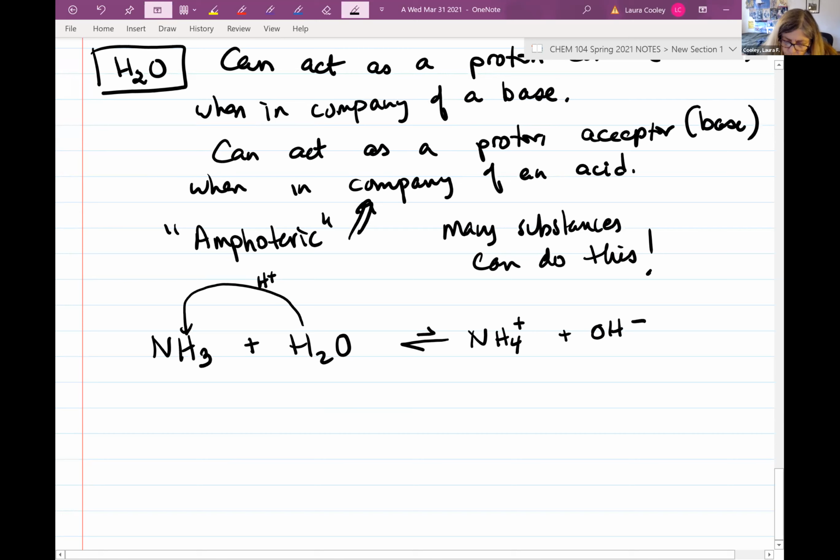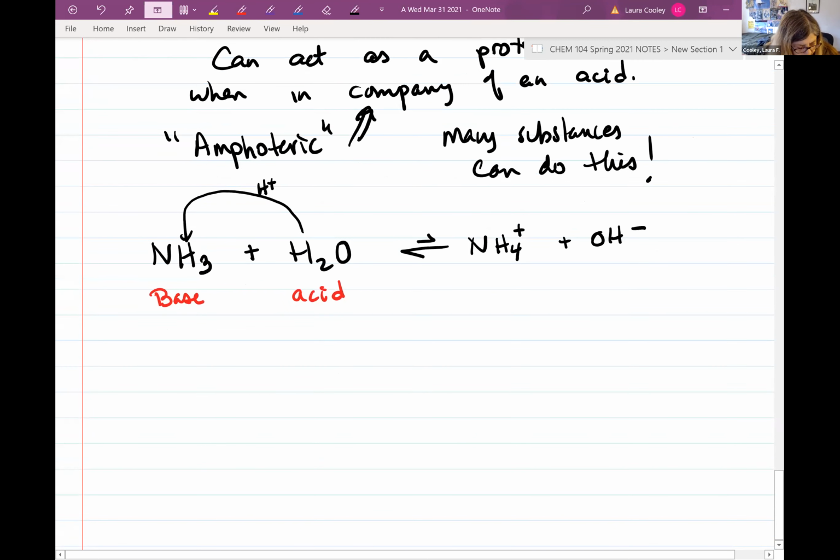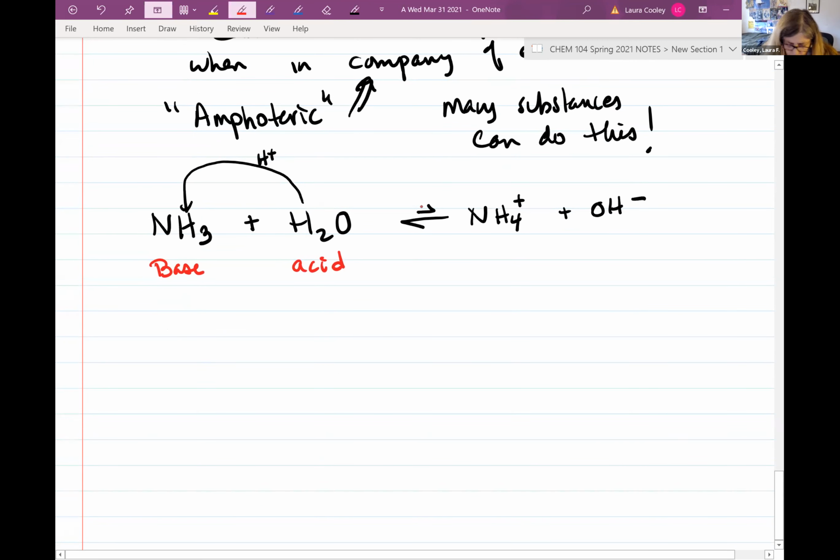So we know that ammonia is the base and water is acting as an acid. But this is a double arrow here.